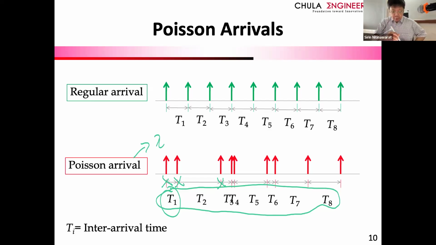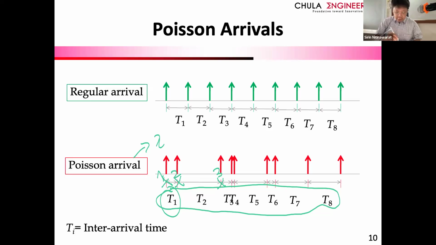So if you consider T1, right, it's like considering how late the second customer should arrive after the first customer, right? If I know that distribution, then I know the marginal distribution of T1. What about T2? Let's say this is the first customer, this is the second customer, this is the third customer. Verbally, what is T2 about in terms of distribution?